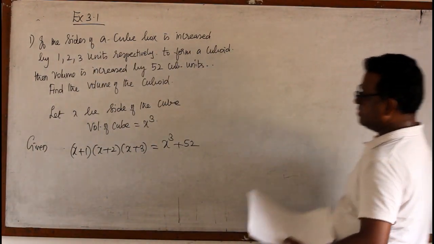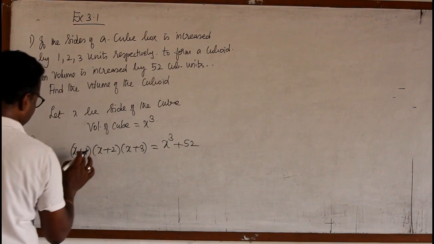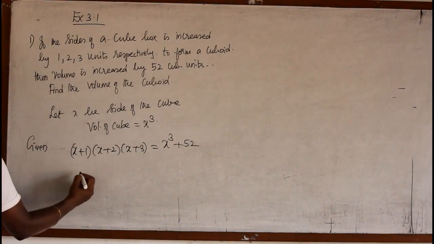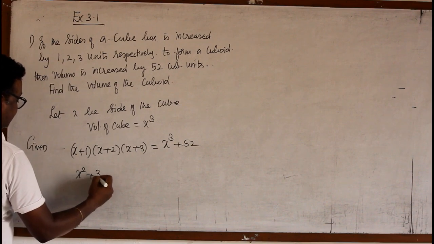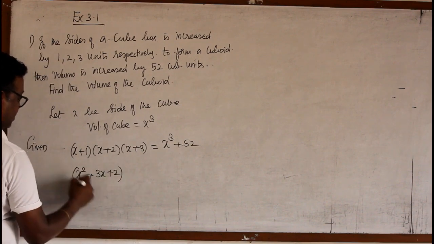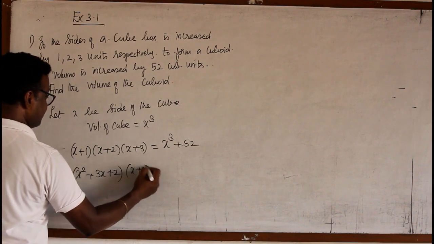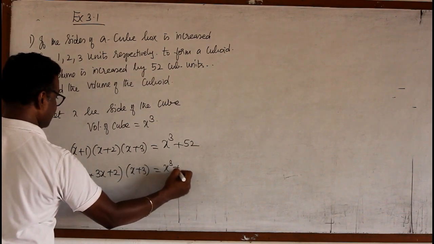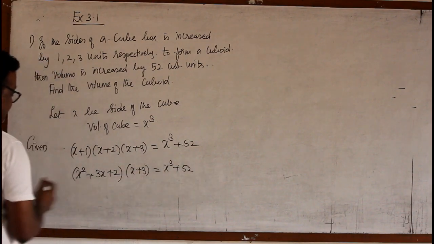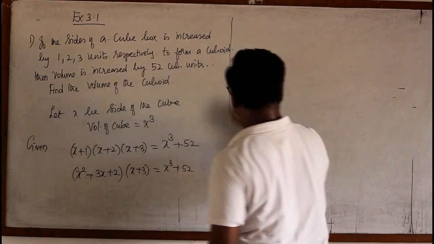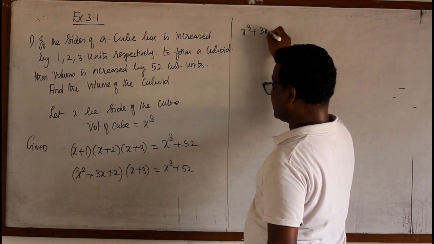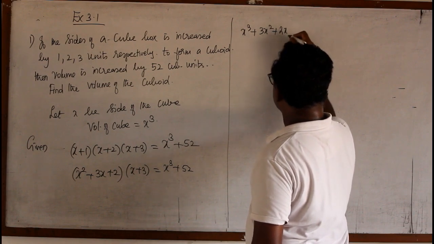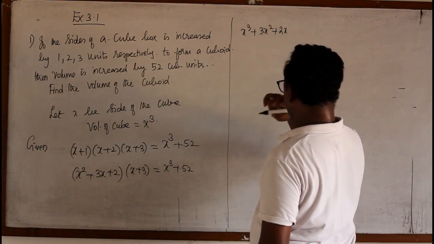We shall multiply these three first. If I multiply x plus 1 and x plus 2, it is x square plus 3x plus 2. Then into x plus 3 equal to x cube plus 52. Now multiply with the x. It is x cube plus 3x square plus 2x. Now multiply with 3.